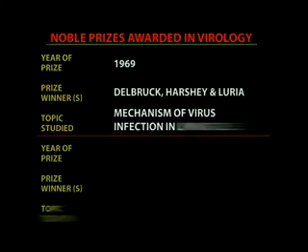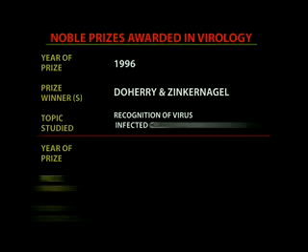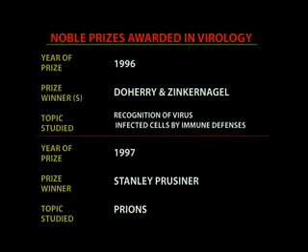Then in 1969, three scientists shared this prize, including Delbruck, Hershey, and Luria, for their extremely nice work on mechanisms of viruses infecting living cells. Then in 1975, three scientists again shared this prize. They included Baltimore, Temin, and Dulbecco, working on a very interesting aspect of interaction between tumor viruses and genetic material of the cell. Doherty and Zinkernagel in 1996 were rewarded with this prize for their work on recognition of virus-infected cells by immune defenses.